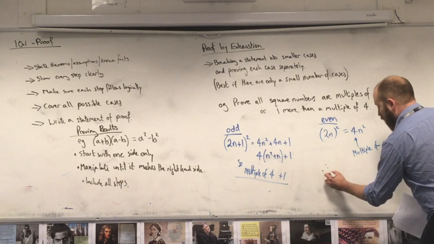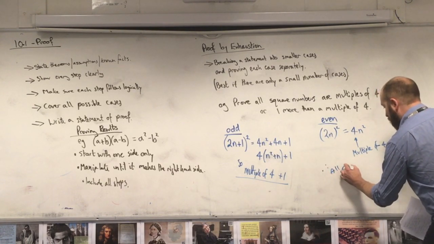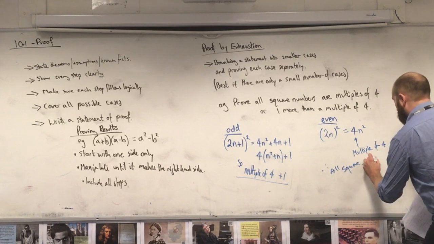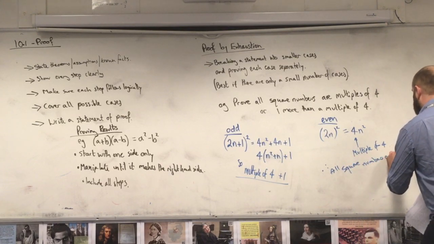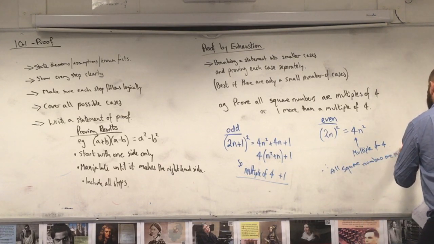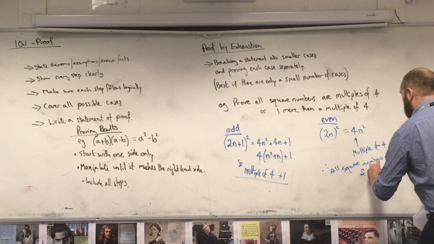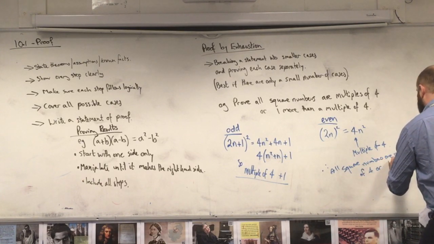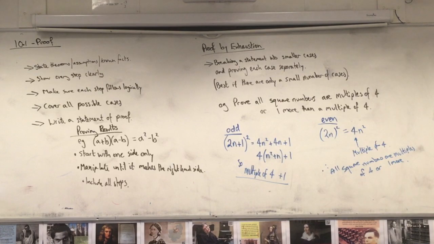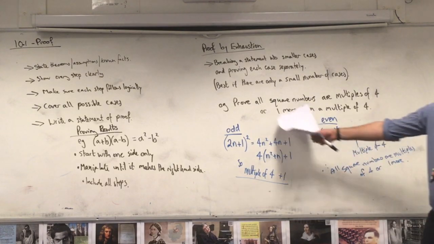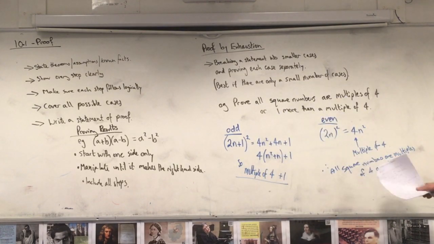So therefore, all square numbers are multiples of 4 or one more. So proof by exhaustion: proved it for odds, proved it for evens, and then a statement of proof.